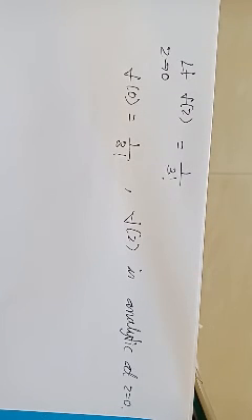Now, let us move on to theorem 7.4. The statement is: let f of z be a function defined in a region D of the complex plane except possibly at a point A belongs to D, and let A be an isolated singularity for f of z.